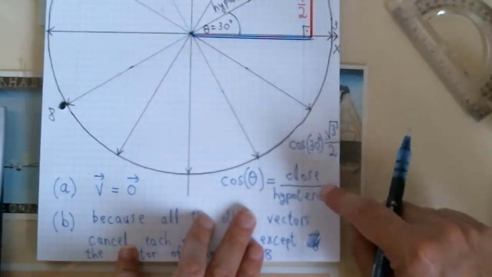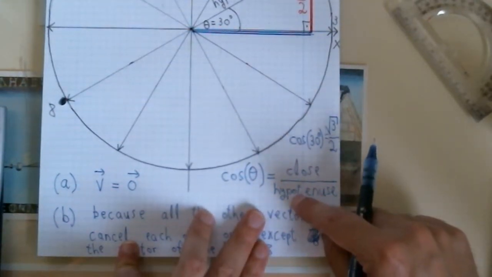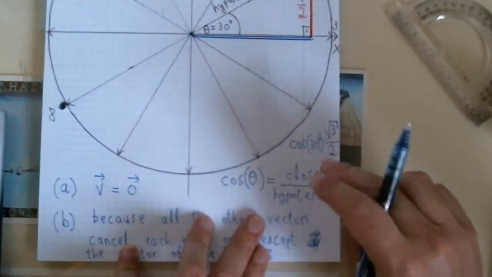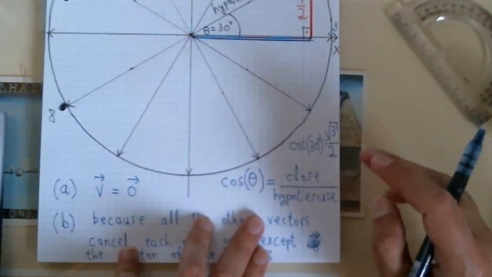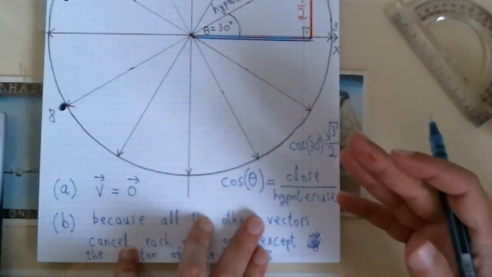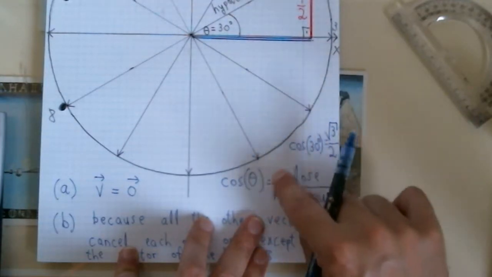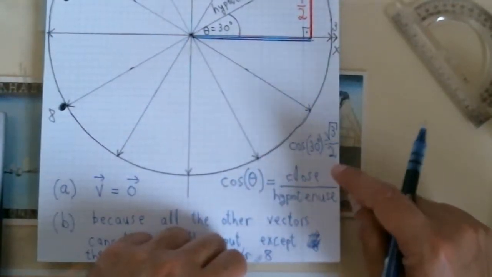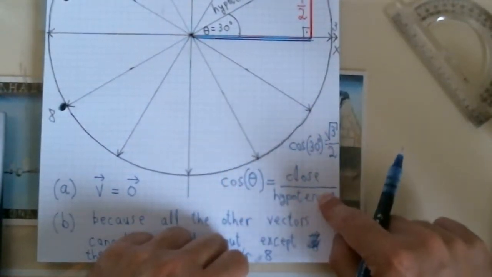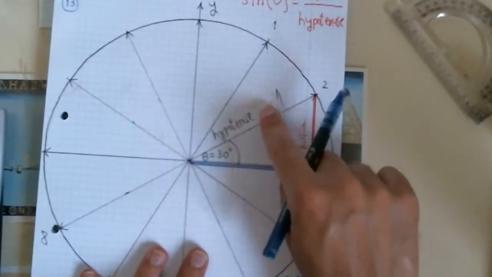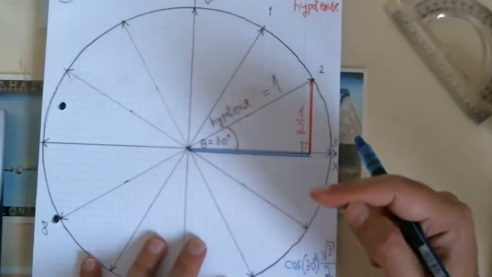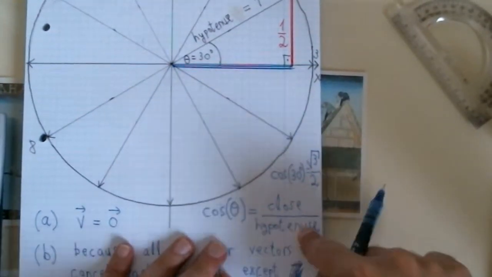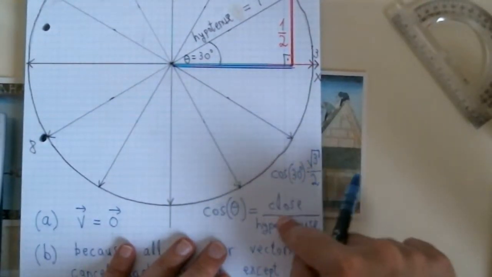In our case, the hypotenuse is 1. So if something is divided by 1, it's just this something. For example, 5 divided by 1 is just 5. So the close side, whichever its size may be, divided by the hypotenuse, which in our case is 1, is just the close side.